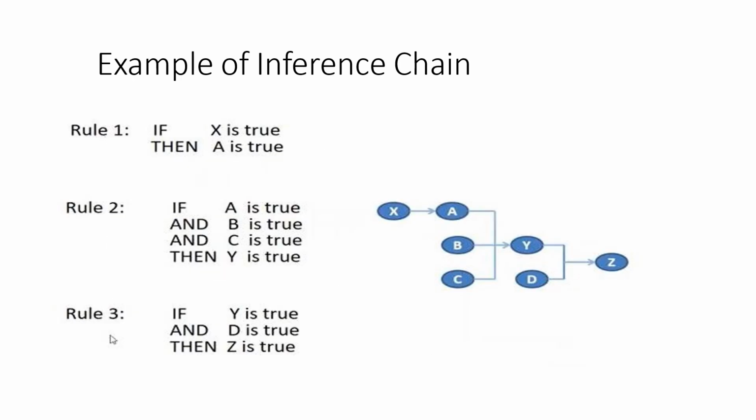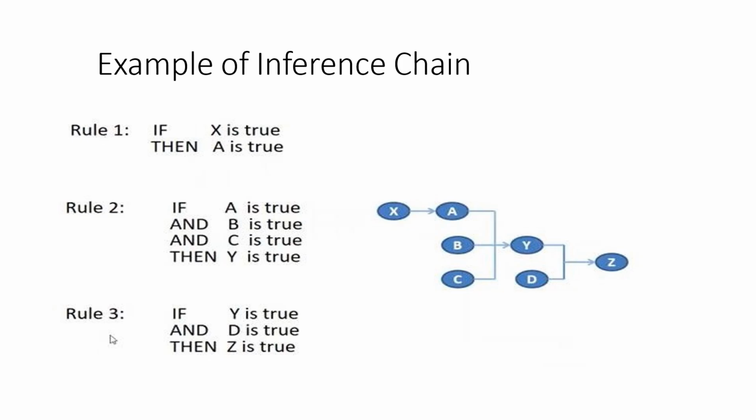We have already seen that an inference chain is a sequence of rule applications where each fired rule produces new facts, and that triggers the subsequent rules. That shows the complete reasoning path from initial facts to the conclusion. So the inference chain means rules firing one after another to reach a conclusion.